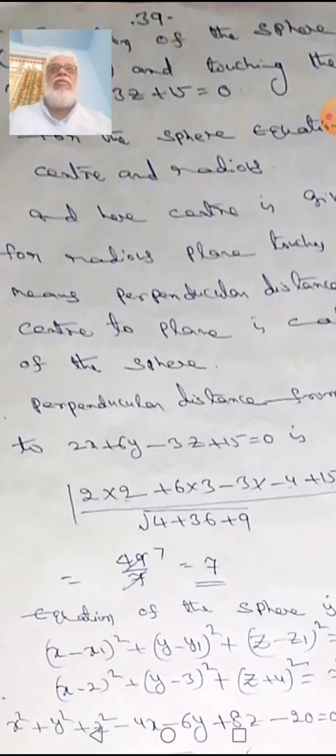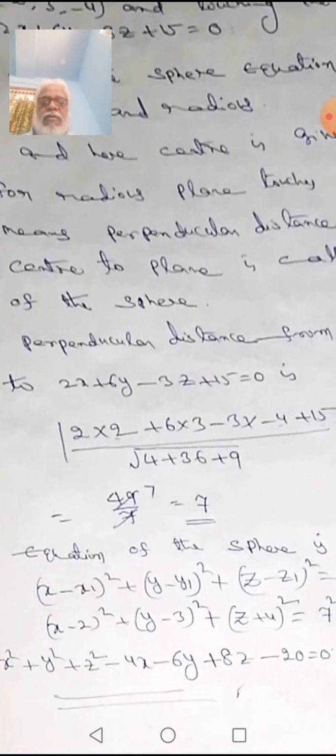We know what touching means. When a plane touches the sphere, the perpendicular distance from the center to that plane is called the radius of the sphere. That's why we find the radius, and as the center is given, by that we find the equation of the sphere.